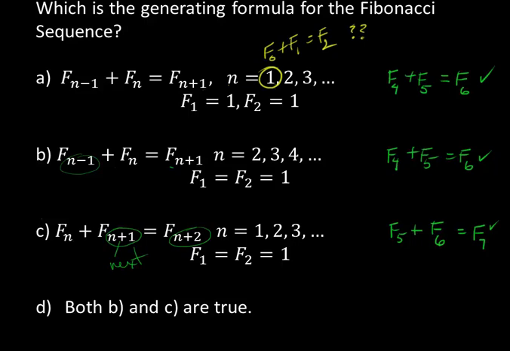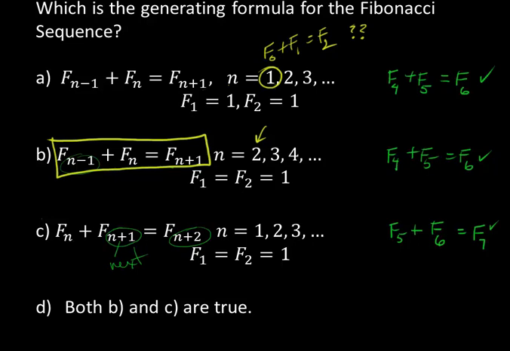So if we are going to write the generating formula as we did in part A or B, if that's the way we want to write the generating formula, we have to start at n equals 2. If n is 2, we have f1 plus f2 equals f3, and so on.